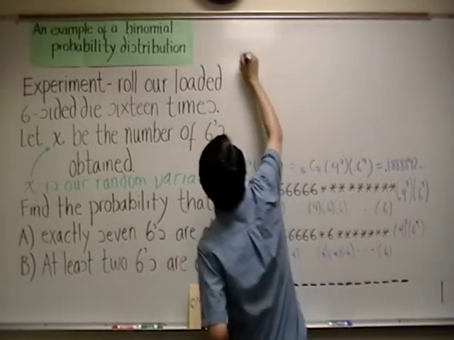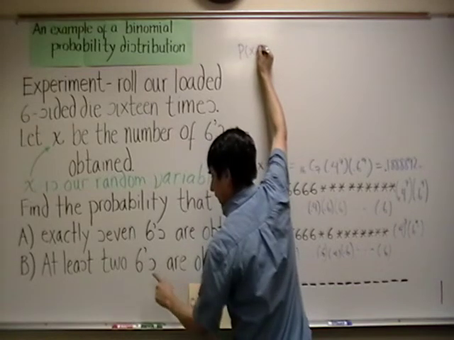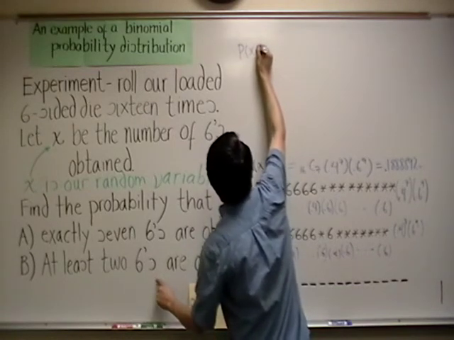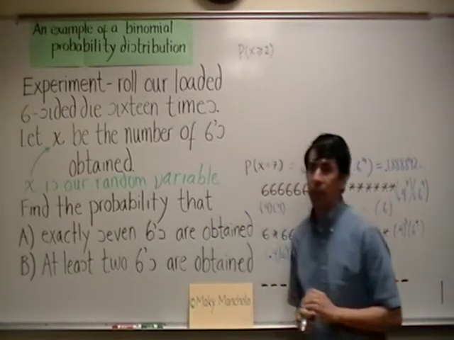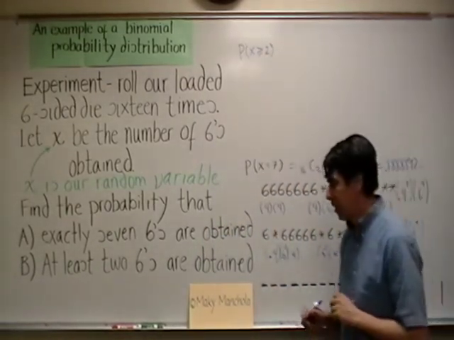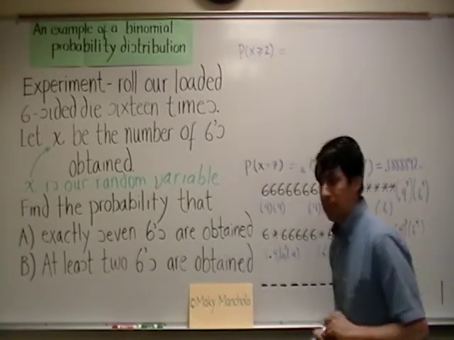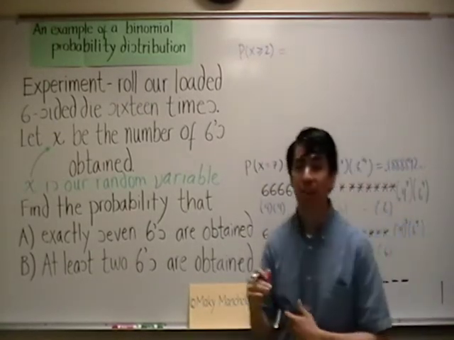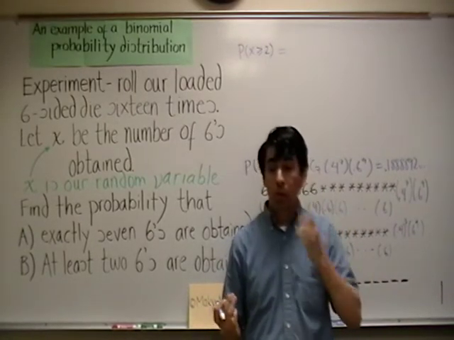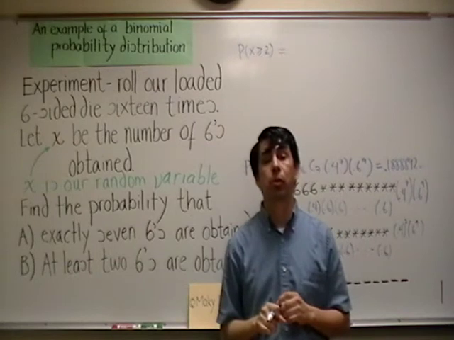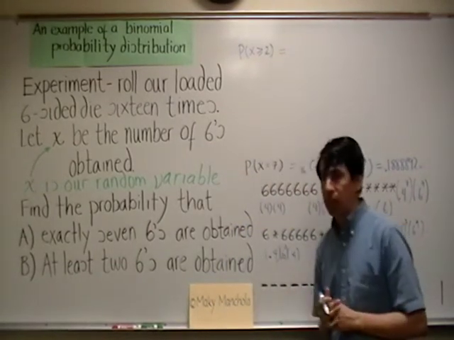If you want the probability that x is at least 2, that means that you're looking for the probability that x is greater than or equal to 2. Now, there are many possible cases. You could have exactly 2, or you could have exactly 3, all the way up to 16. So there are exclusive alternatives.